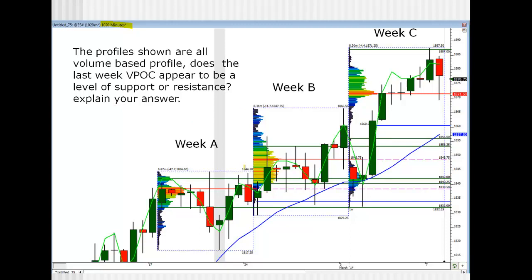So each of these represents one session: one session for the day followed by an evening session. And actually the first session is a whole week. The next session is another week, and this is the third week. And each of these candles represents either a day or an evening session for the week.